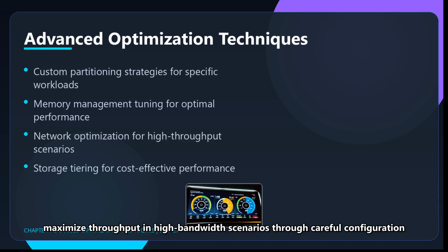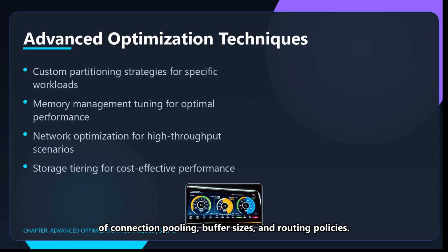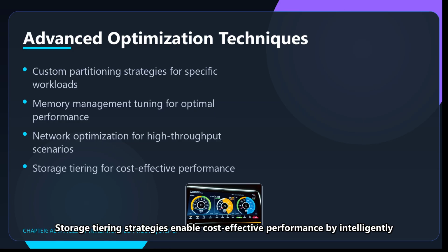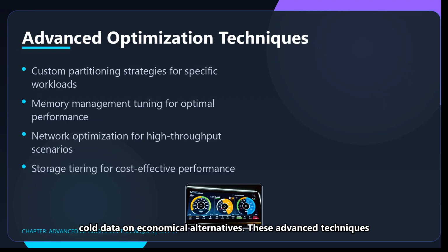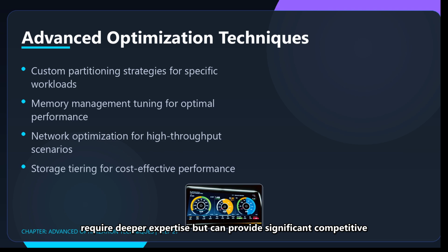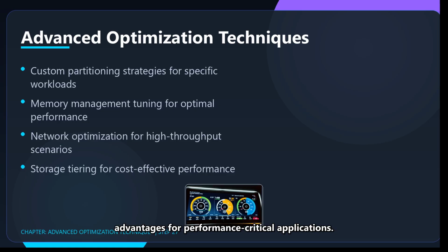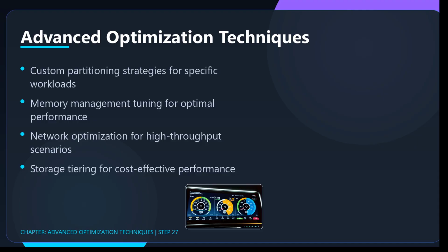Network optimization techniques can maximize throughput in high bandwidth scenarios through careful configuration of connection pooling, buffer sizes, and routing policies. Storage tiering strategies enable cost-effective performance by intelligently placing hot data on fast storage while archiving cold data on economical alternatives. These advanced techniques require deeper expertise but can provide significant competitive advantages for performance-critical applications.